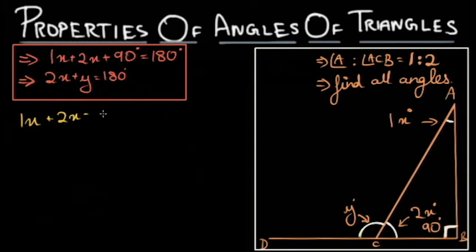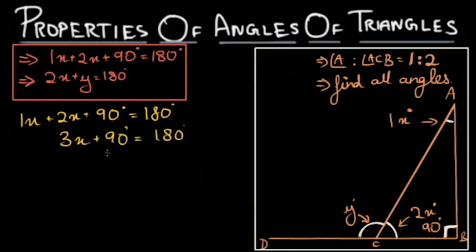1x plus 2x plus 90 degrees is 180 degrees. To solve this, we first add 1x and 2x, which is 3x plus 90 degrees is 180 degrees. Then we transpose 90 degrees to the other side.